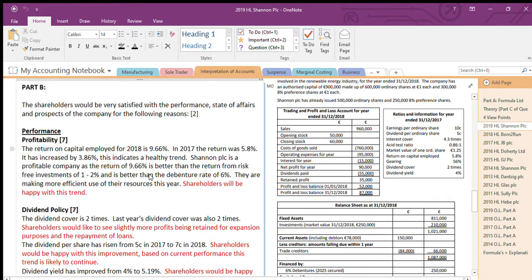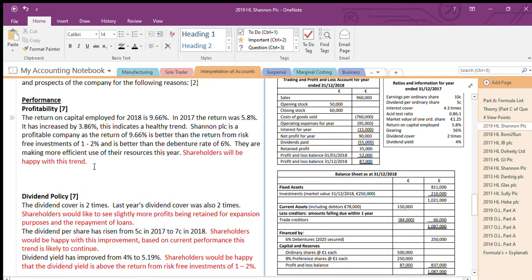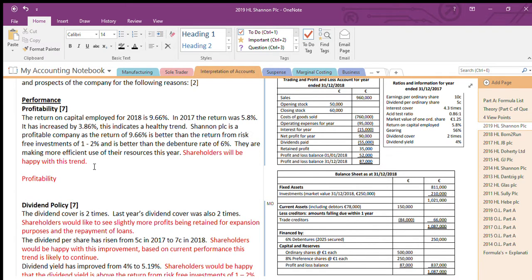You'll do this for every single question: you'll always comment on the profitability, the return on capital employed. I want you to write down profitability, return on capital employed. ROCE is your return on capital employed.